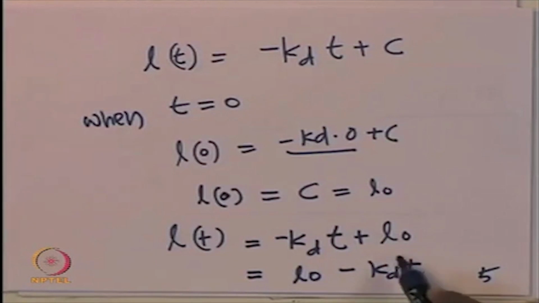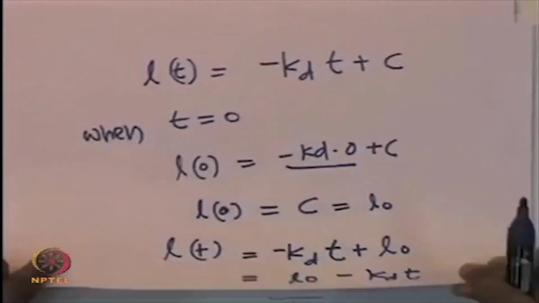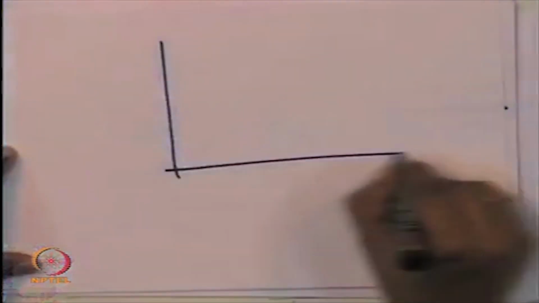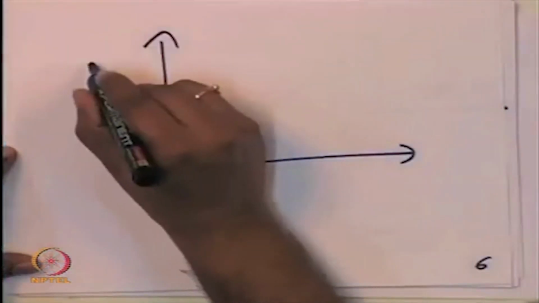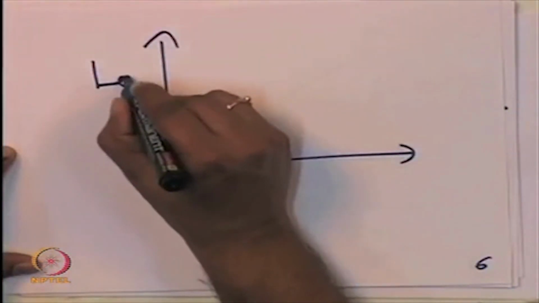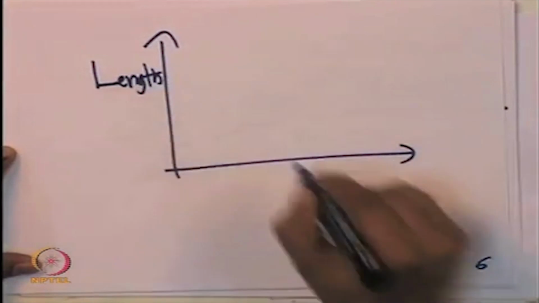So, m has a minus sign here, and this will look like a decreasing function. Let us see what we get when we plot it. We can plot length versus time again, the length of the polymer versus time.